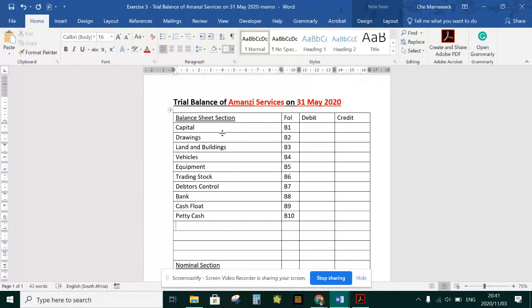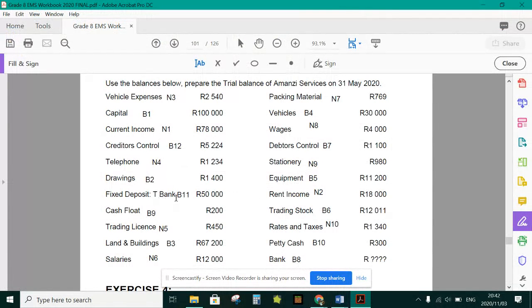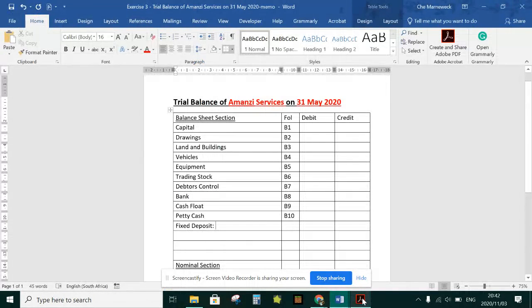Financial assets is next, so fixed deposit, and the name of the bank, fixed deposit T Bank, B11. Then I think we had creditors control B12.